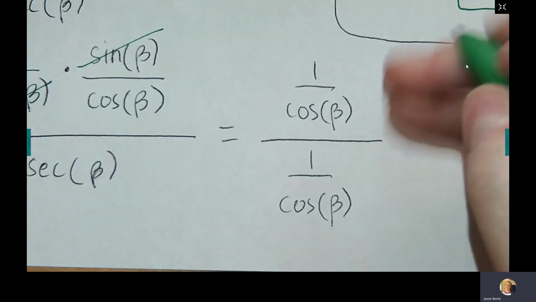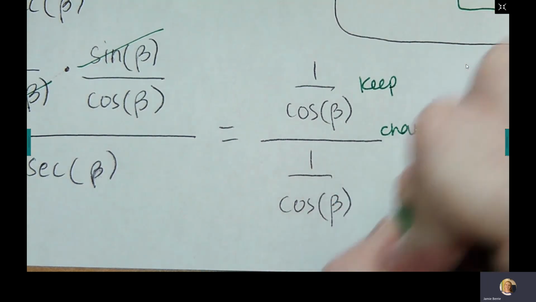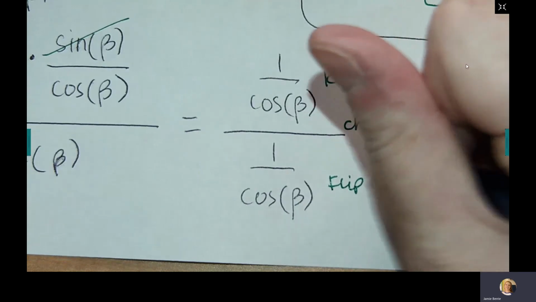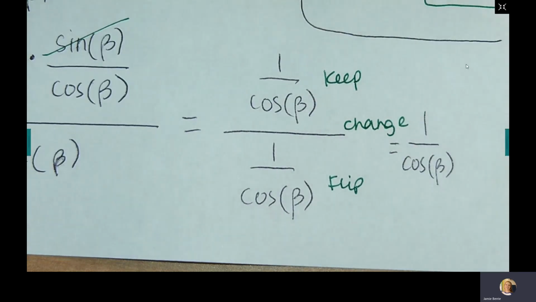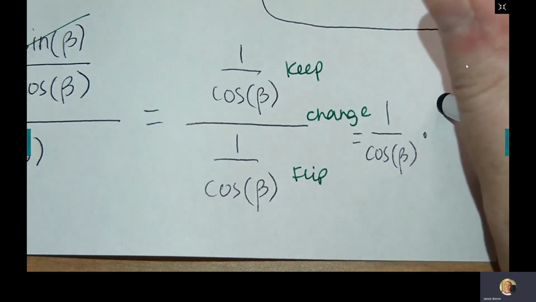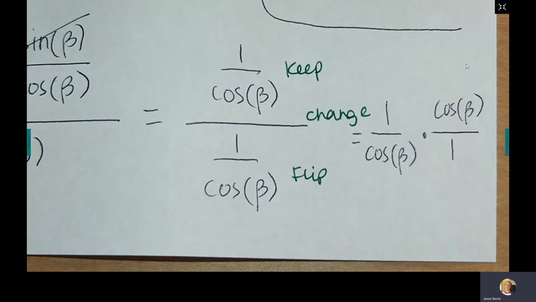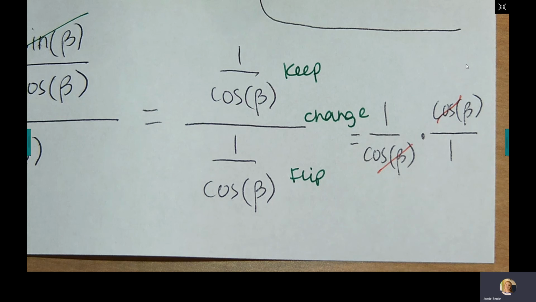Very good, keep, change, flip. So impressed. Y'all are doing a great job. This is not easy. So 1 over cosine beta, keep that the same, change it to multiplication, flip the bottom fraction, so that becomes cosine beta over 1. Cosines cancel. That's 1 over 1, which is just 1.